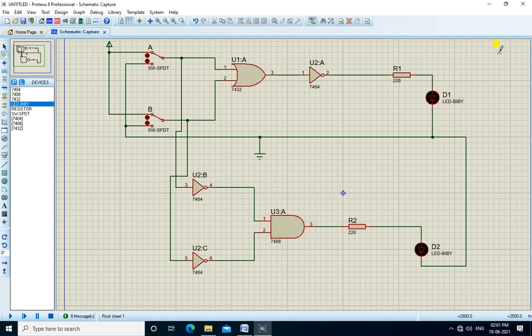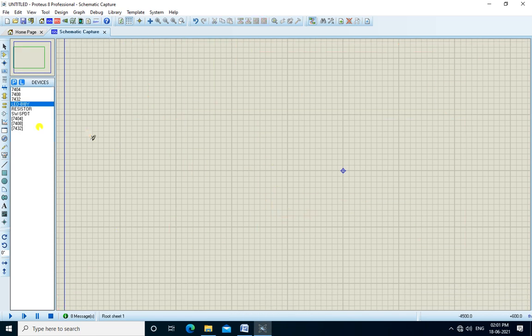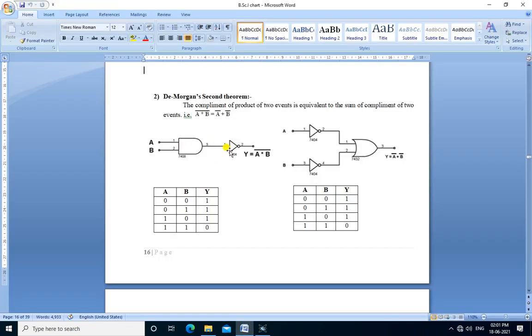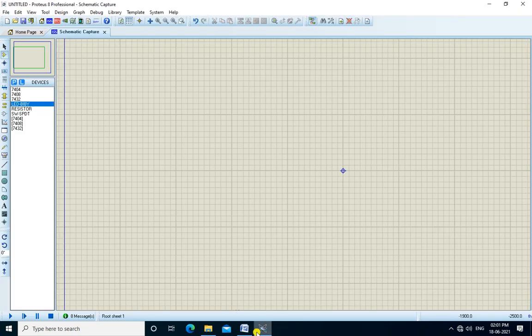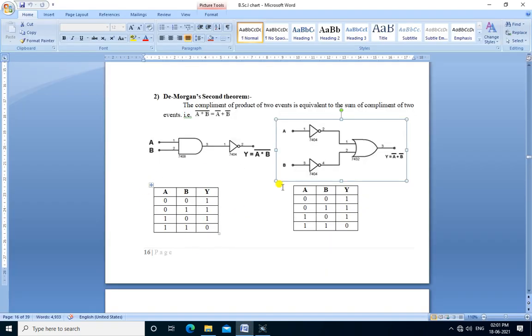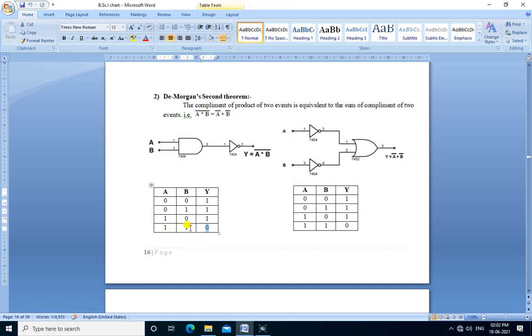So we connect these two circuits, that is (A dot B) bar and A bar plus B bar, and verify these two truth tables. In the truth table, the output is 0 only if both the inputs are high.